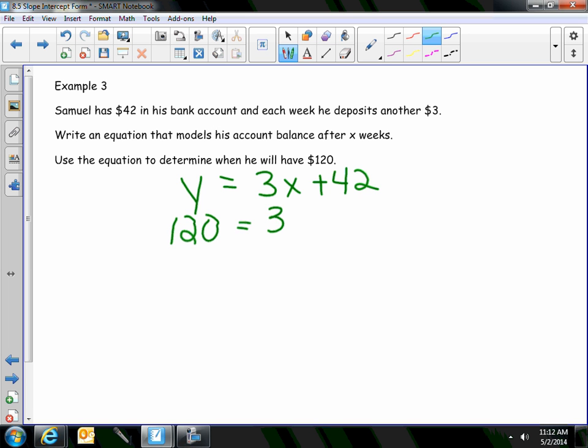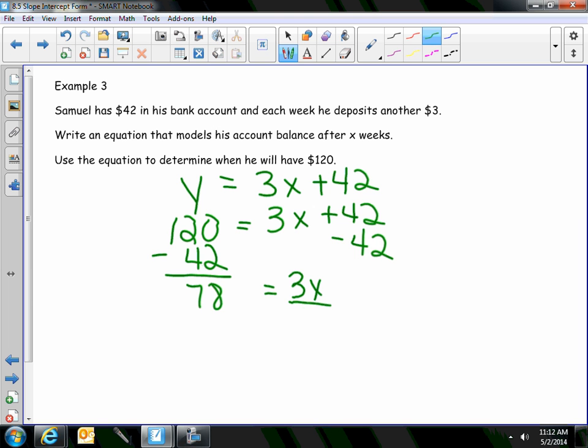Then he'll be depositing $3 each week. He's already got $42 in there. So we're going to need to solve for x. We need to solve for how many weeks it's going to take him to earn the $120. 26 is going to be equal to the x weeks.